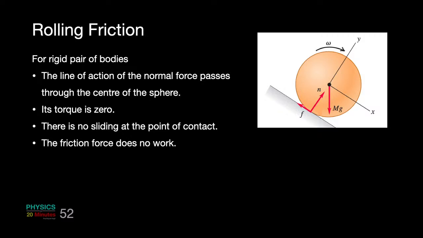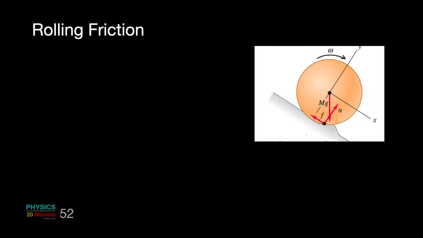However, in real rigid bodies, this situation is not as straightforward as I have depicted here, because ideal rigid bodies are just ideal. The real pair of bodies, even though we call them rigid, are not ideally rigid bodies.